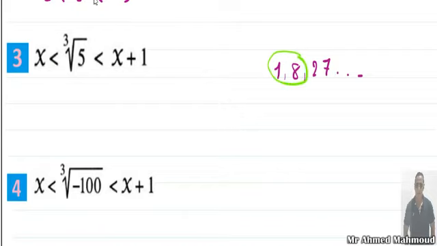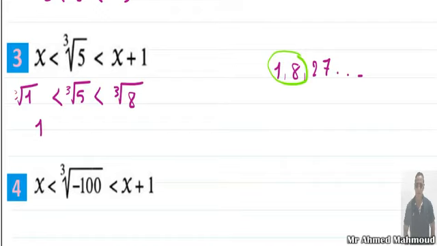Then cubic root 5 is greater than cubic root 1 and smaller than cubic root 8. Cubic root 1 is 1, cubic root 8 is 2, and this is x, then x equals 1. Okay, the next one.